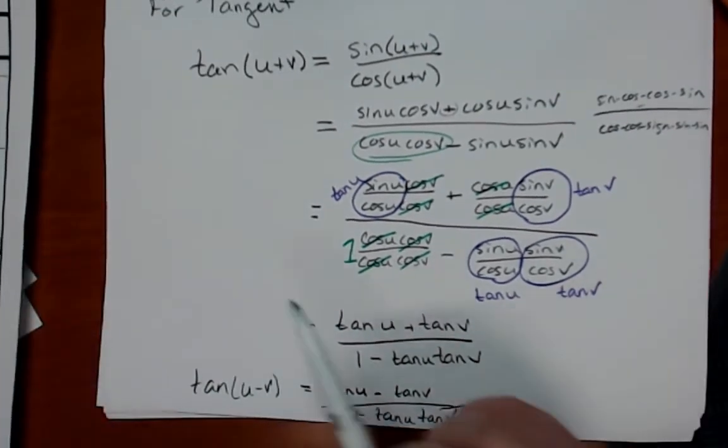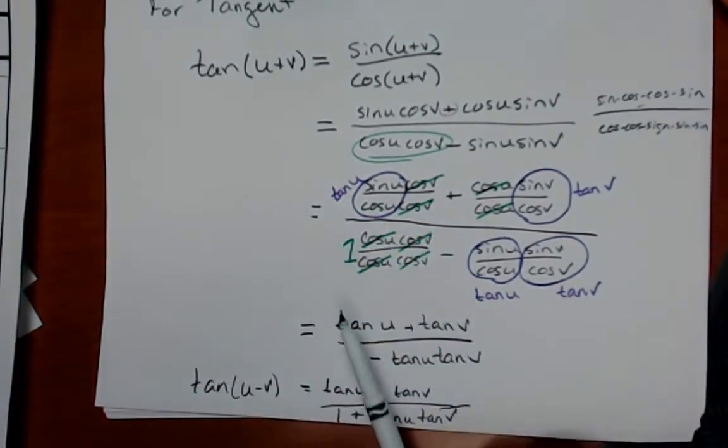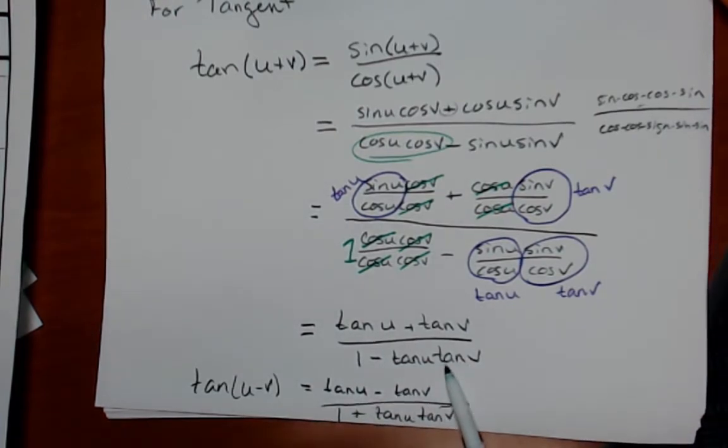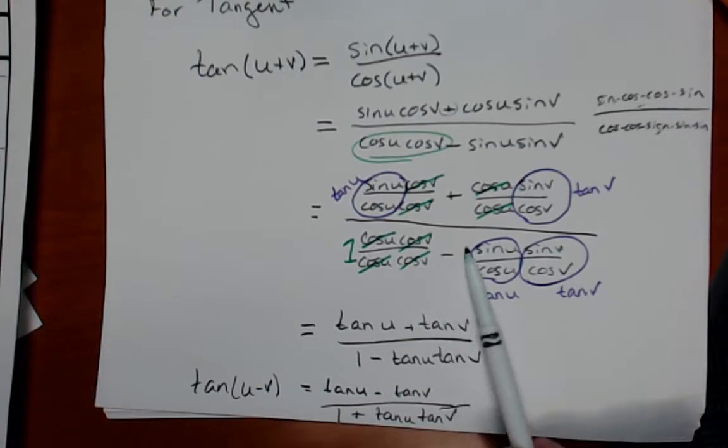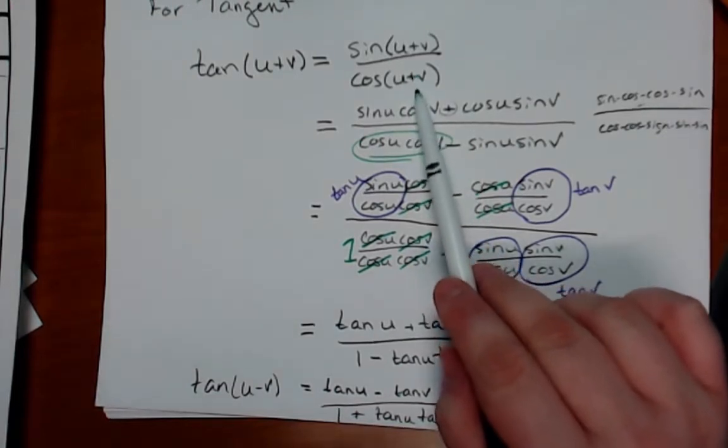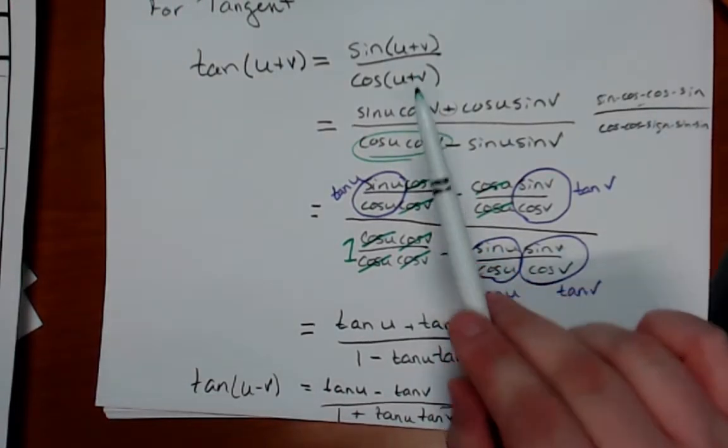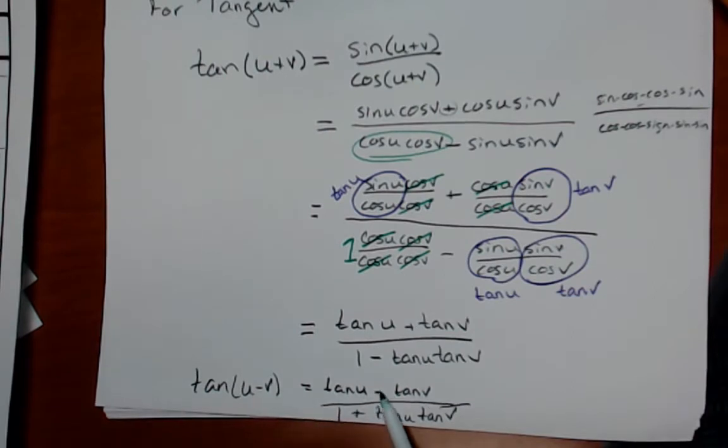So for tangent, tan of u plus v is tan u plus tan v over 1 minus tan u tan v. Again, that sign in the denominator changes because of our cosine addition. But when we have subtraction, it doesn't change the numerator, it changes the denominator.